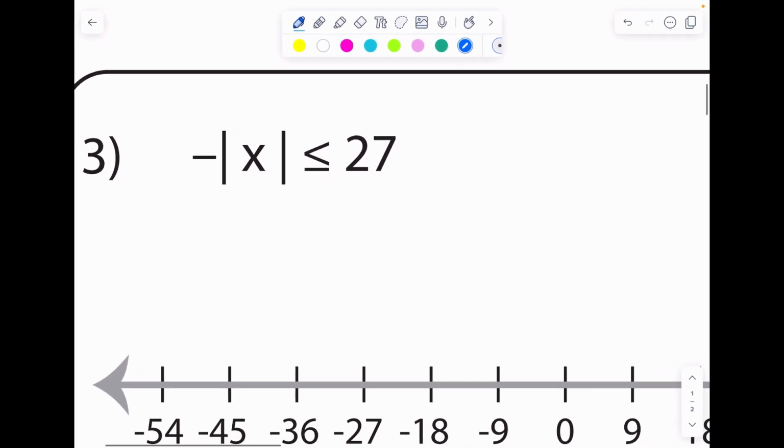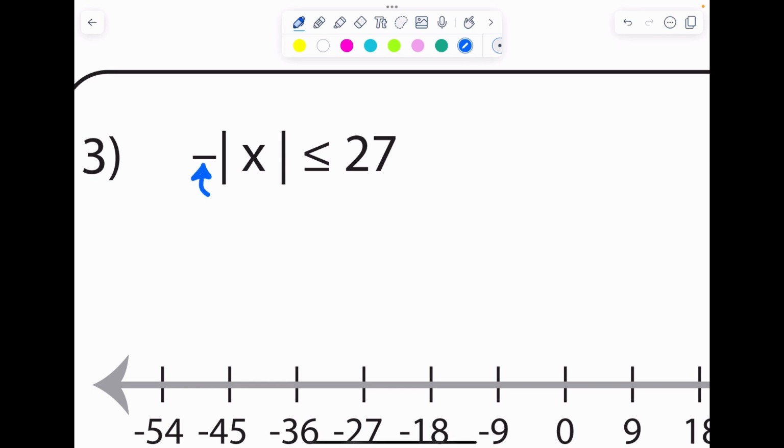This is negative absolute value of x is less than or equal to 27. Before I do anything, before I even look at whether this is a less than or equal to or a greater than or equal to, I'm going to have to isolate the absolute value of x because it's not really by itself.